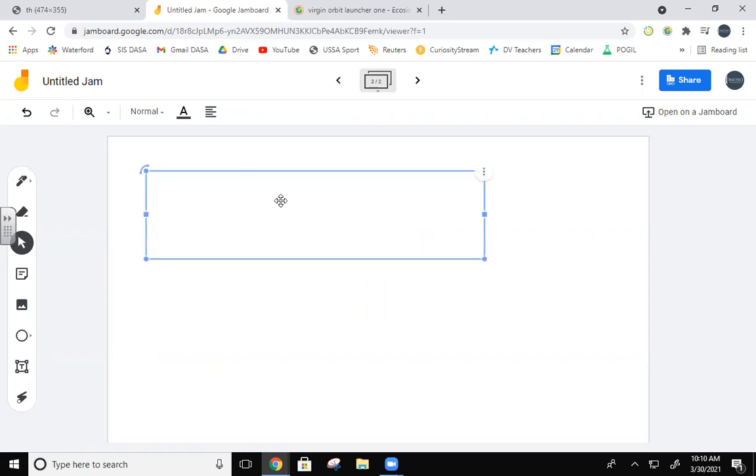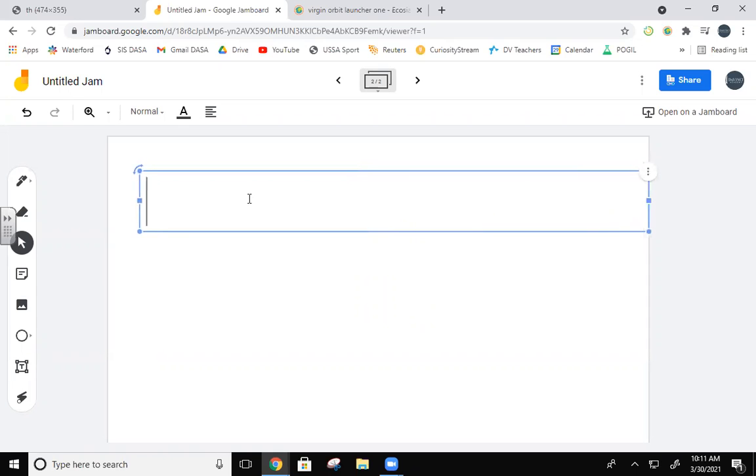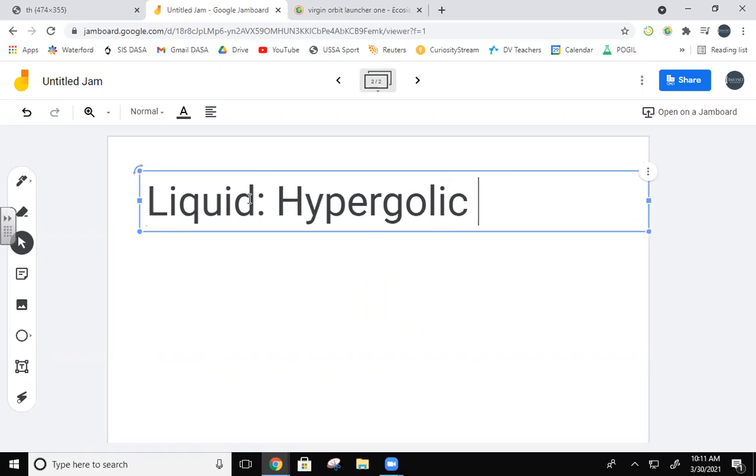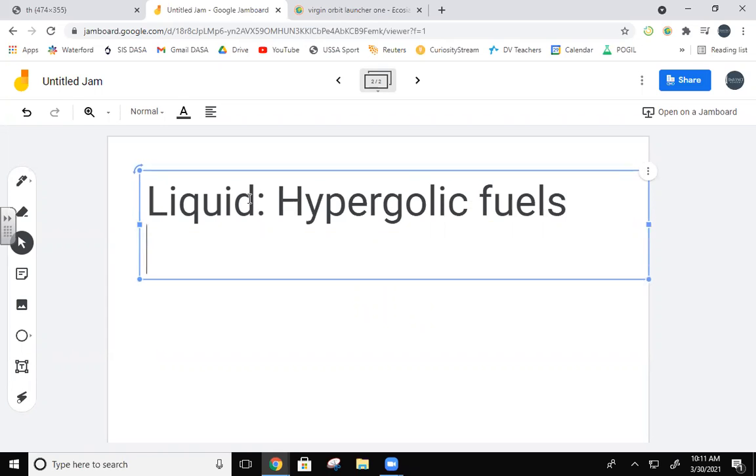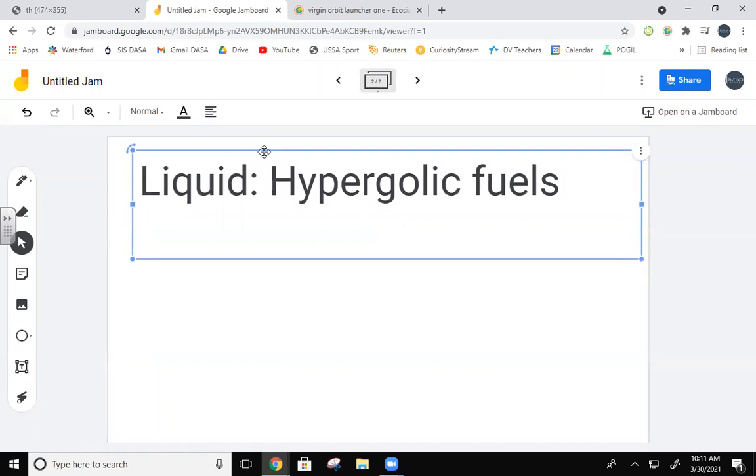Let's talk about hypergolic fuels. So in chemistry, when you say something is hypergolic, it means that when it touches this other thing, it instantly goes boom.